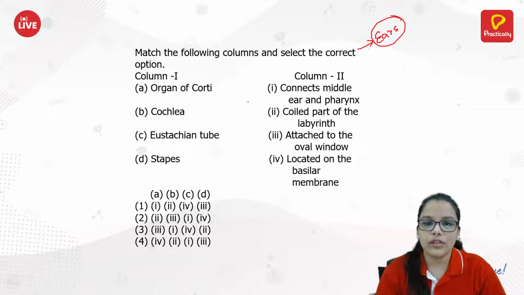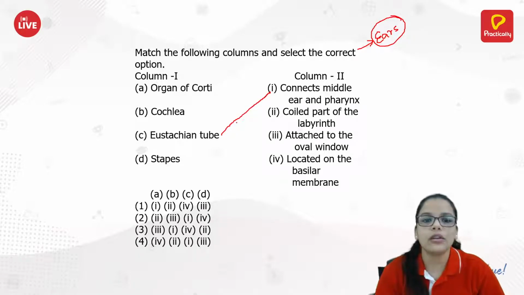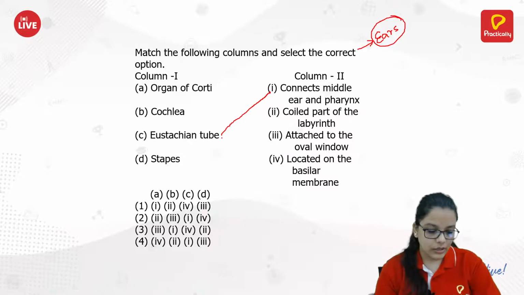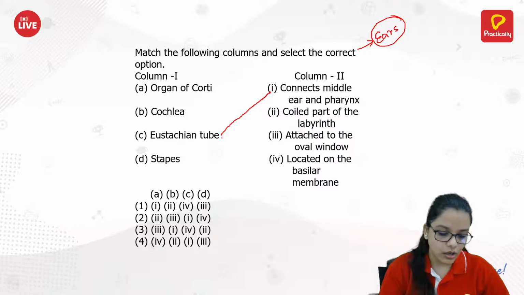My favorite here is the eustachian tube, which for sure I know connects the middle ear and pharynx. Let's see. C1. Okay, there can be two options. As you can see, if there is 2 also, there is 4 also. So, eustachian.